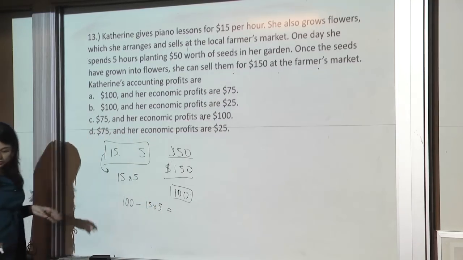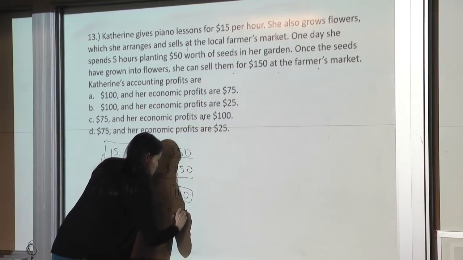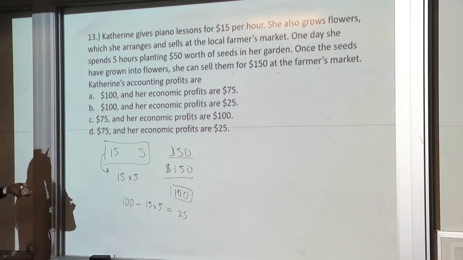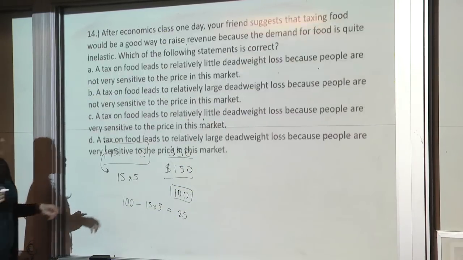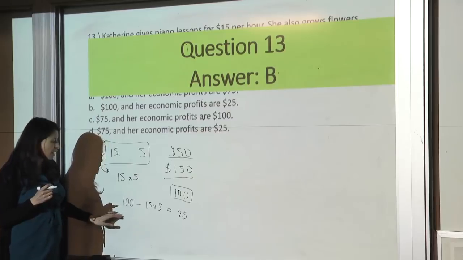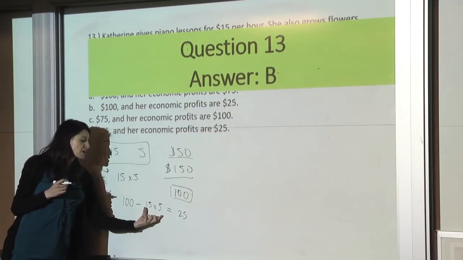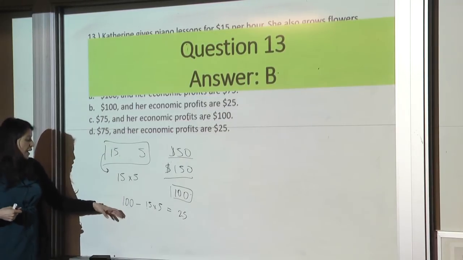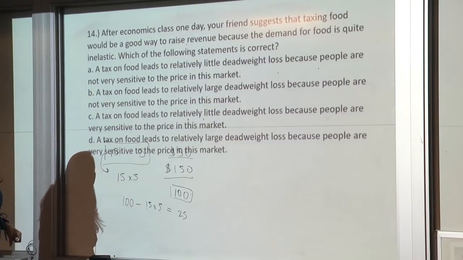That is equal to 25. So the answer is B. Yes. Her accounting profits are 100 and her economic profits are 25, because she has to subtract the fact that she's giving up the piano lessons by doing the flower arrangements. Good.